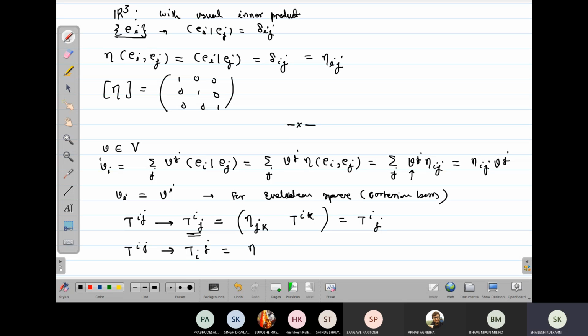You write first the fixed index, that is j is fixed, so j doesn't change its position. The index i should come down, that index should come on the metric, then k, and summation over k is implied, eta ik T kj. This is nothing but T i j. Now you see these two are not the same.